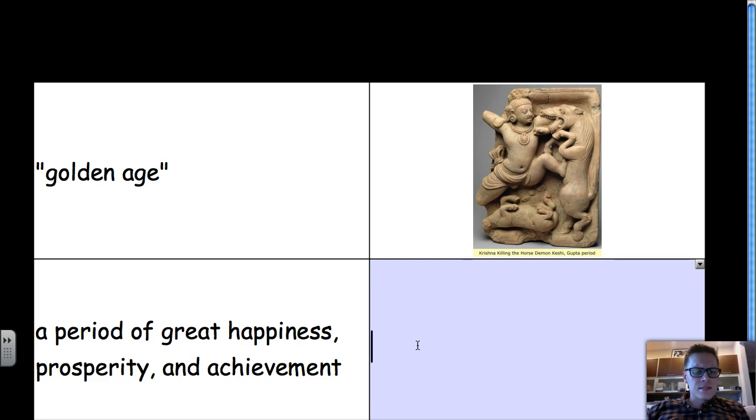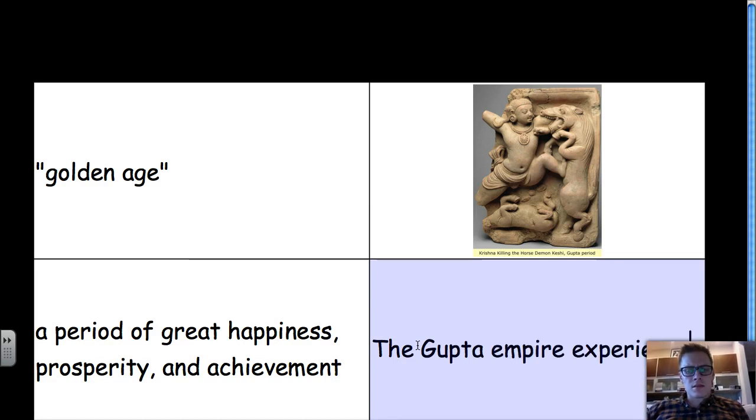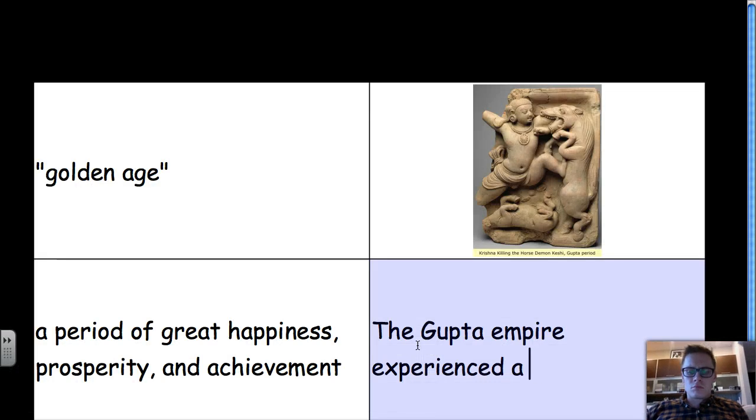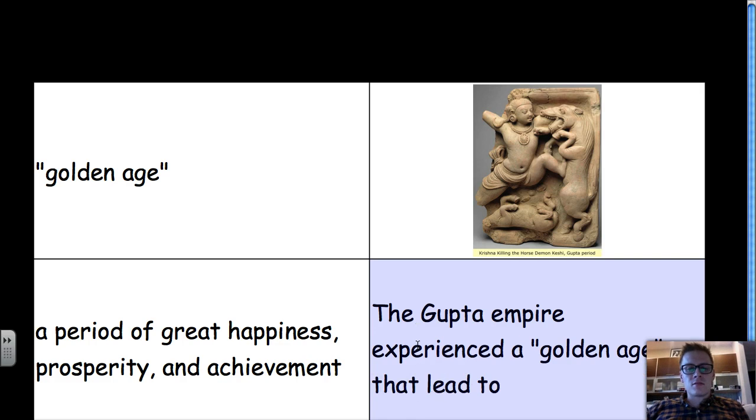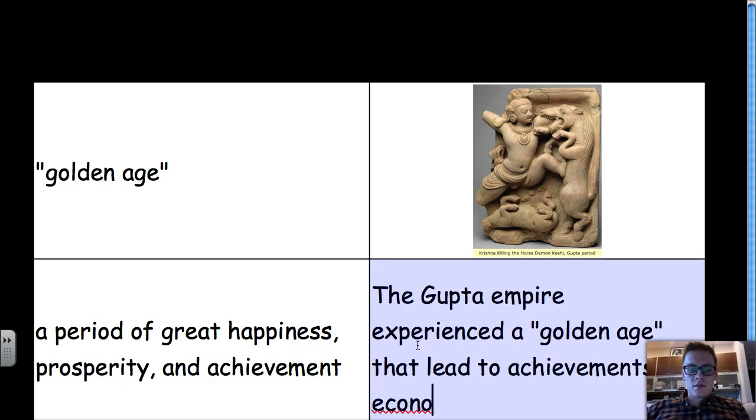So our sentence, I would write the Gupta Empire experienced a golden age that led to achievements in economics and trade.